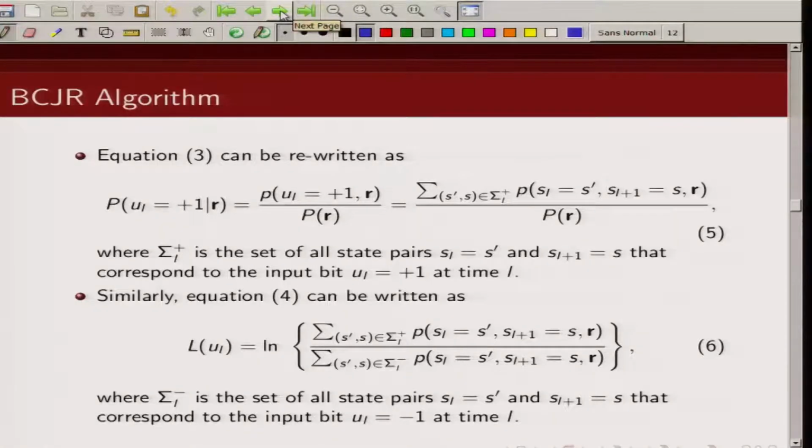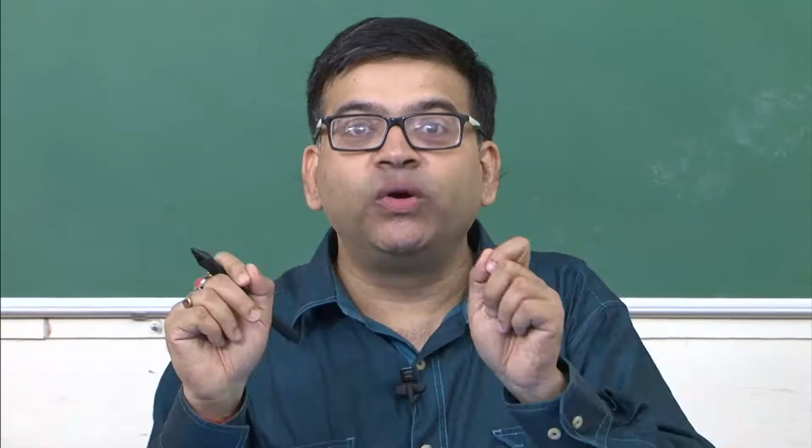Similarly, I can write, exactly the way I wrote the probability of UL being +1 given R, I can follow the same procedure to write the probability of UL being -1 given R. So, what will be the change here? I will compute this probability and I will sum over all those state pairs which correspond to input bit -1.